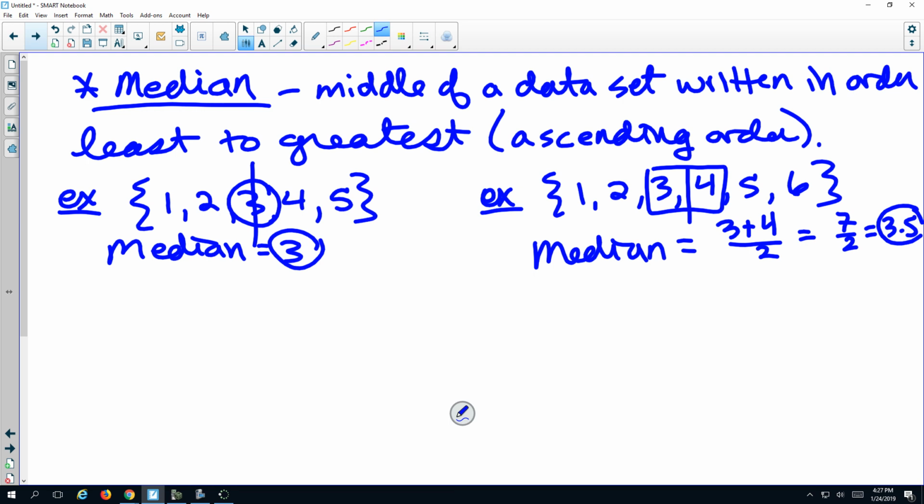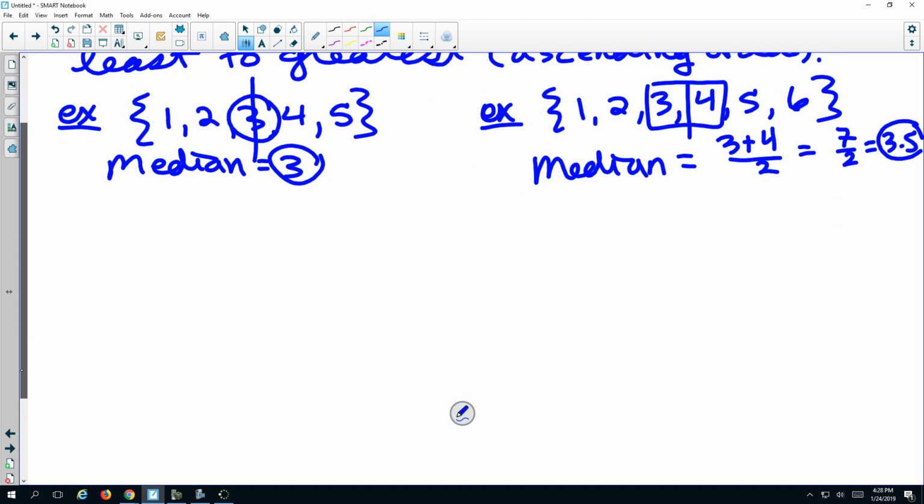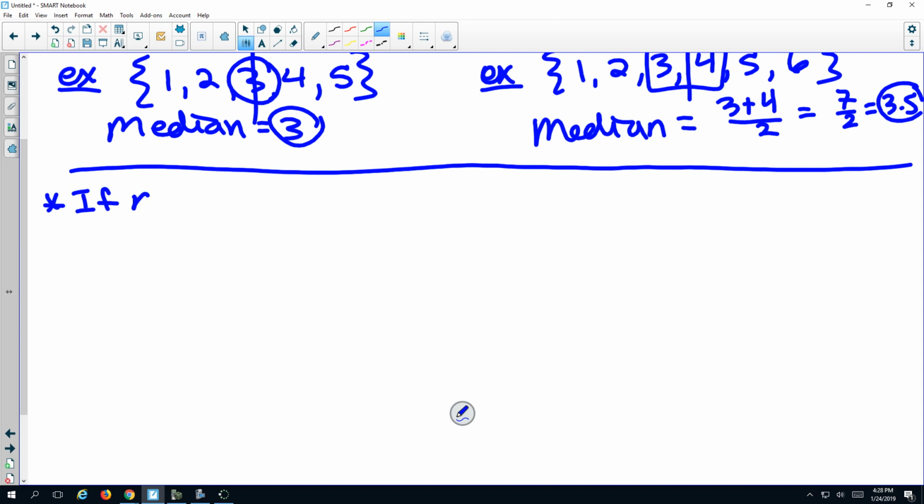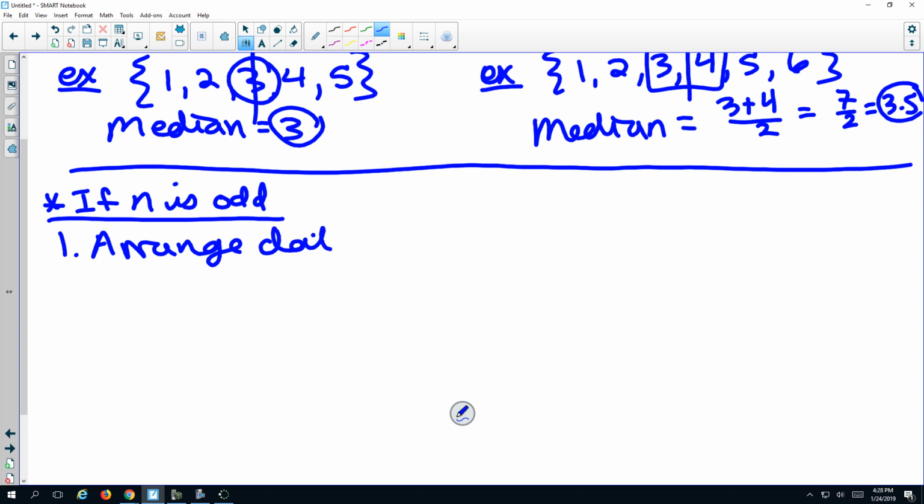Right. So let's just describe these two methods. So I'll say if n is odd. Remember, n is the sample size. So we'll just do it for a sample. If n is odd, you first arrange data in ascending order.